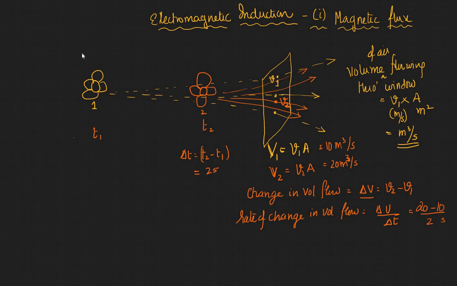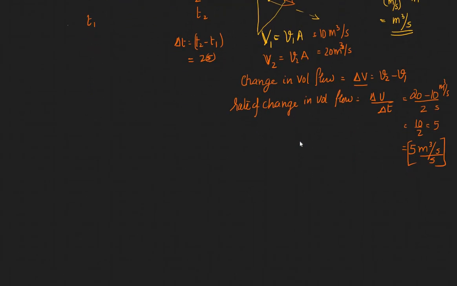So you get 10 by 2, and this is of course meter cube per second, that's equal to 5. So the rate of change of volume flow would be 5 meter cube per second every second. So that's what it means. Every second your volume flow is increasing by 5 meter cube per second. That's what rate of change of volume flow means.